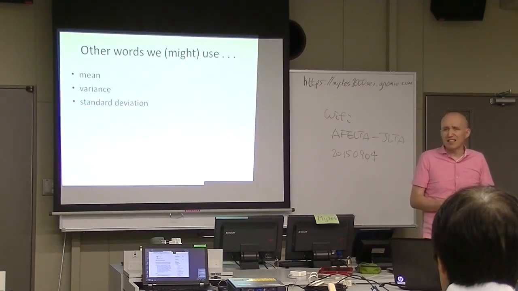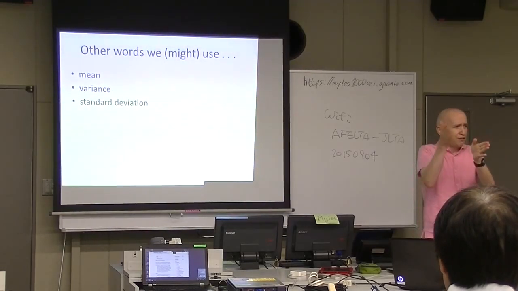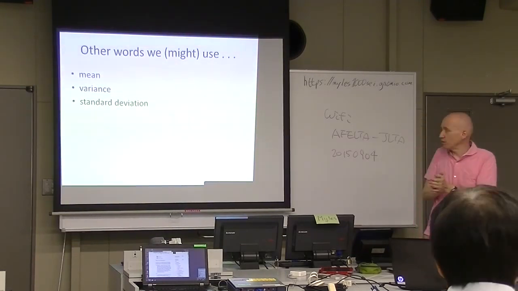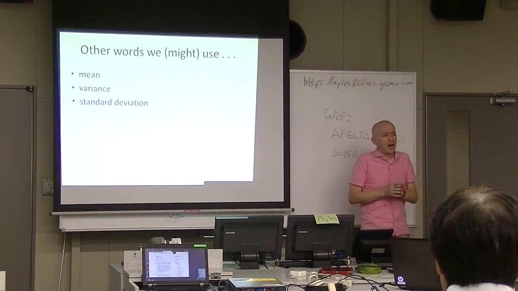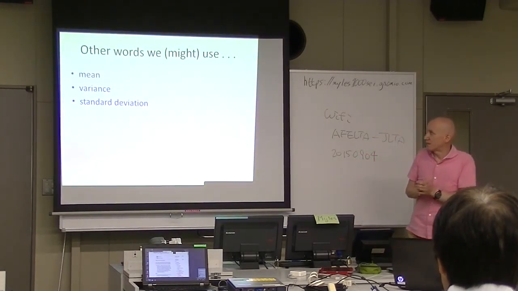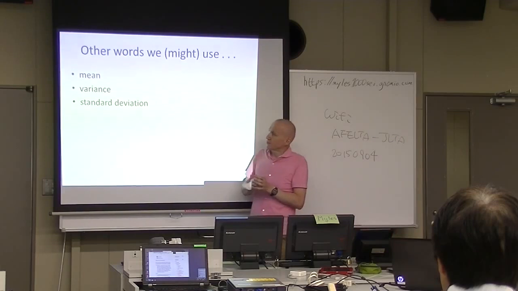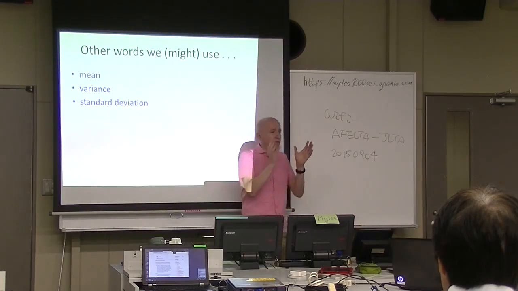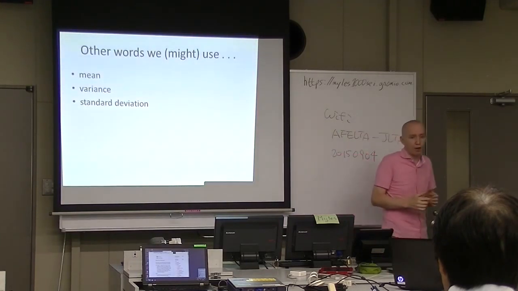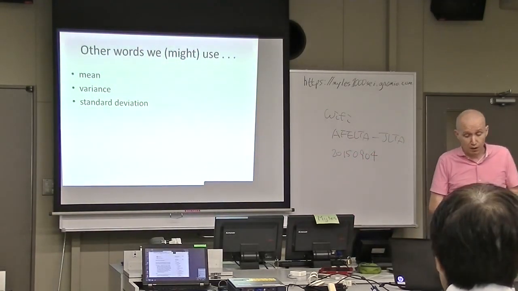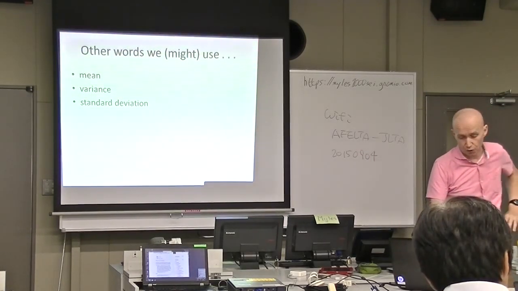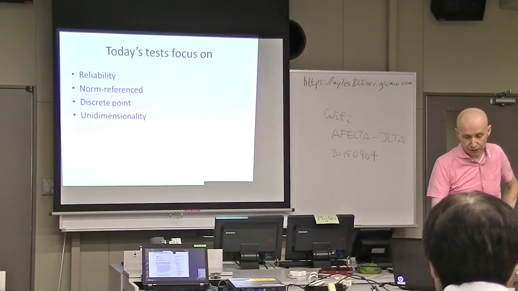The variance is how much difference there is on either side of that measure. And standard deviation is, well, it's a kind of variance, but it's a measure with certain properties that we'll see in a little while. Very, very useful. It's a way of dividing people up into groups away from the mean.